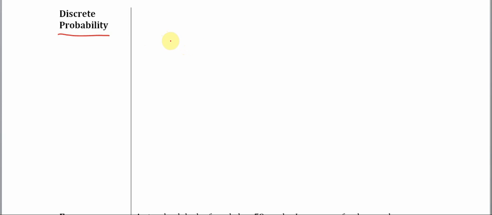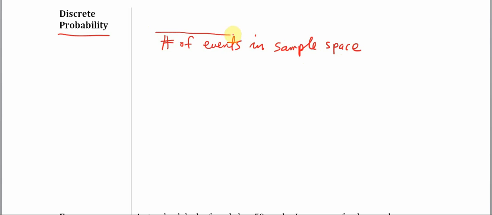It is the number of particular events that we're looking for, compared to the number of events in the sample space.